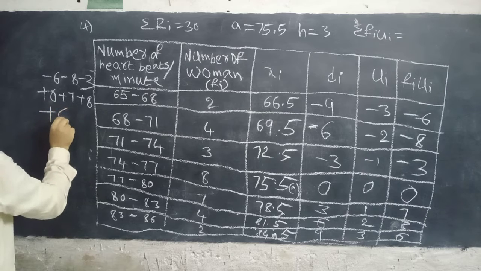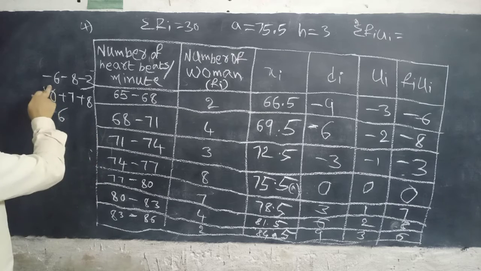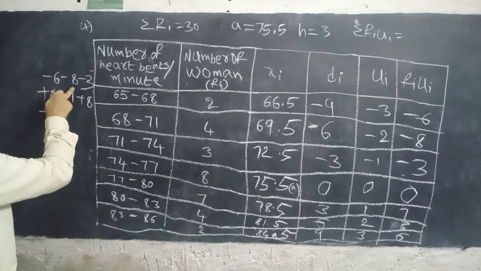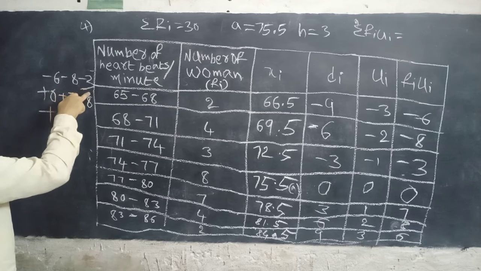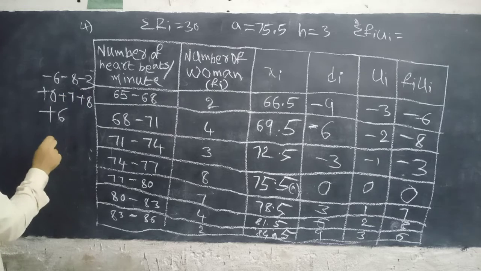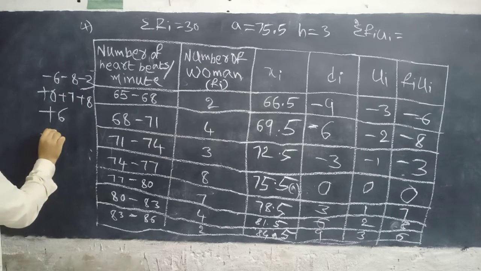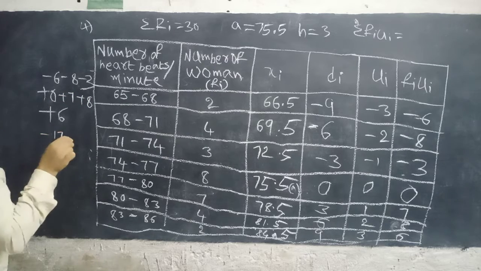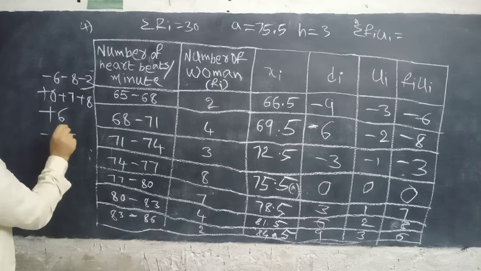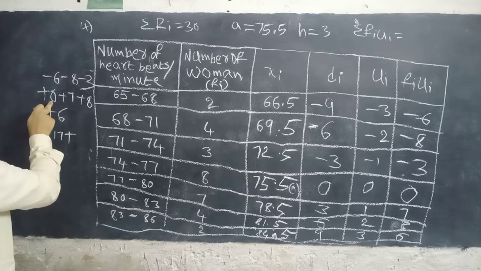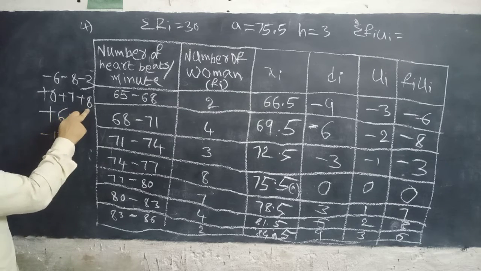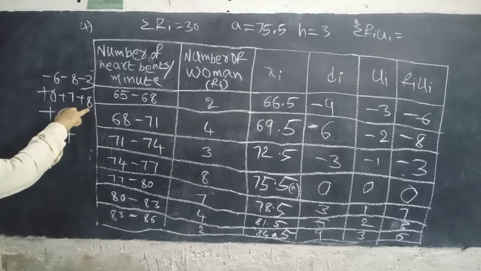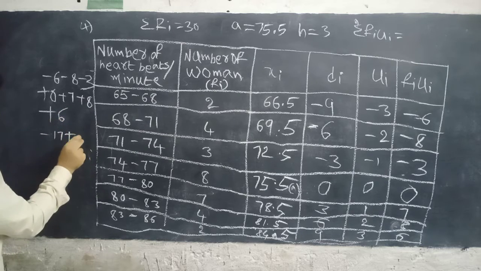Okay. Minus 6 and minus 8 is minus 14. Minus 14 minus 3 is minus 17. Minus 17 plus 0, 0 plus 7, 7 plus 8 is 15. 15 plus 6 is 21.